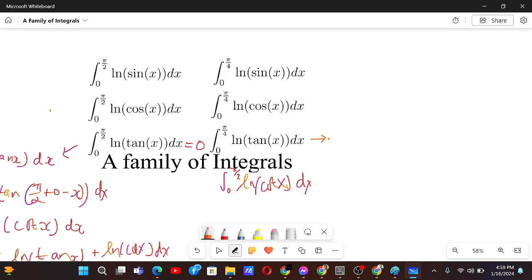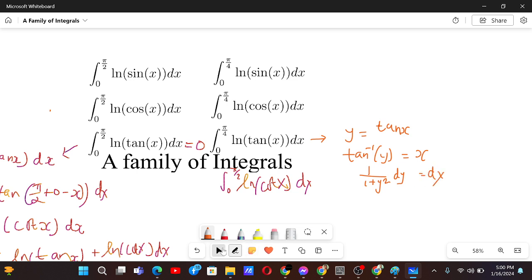For this, if we just use King's rule over here, that will not make our life simpler, in fact. So we can first let y equal tan x and see where we get. Then tan inverse y is equal to x, so 1 by 1 plus y square dy is equal to dx.